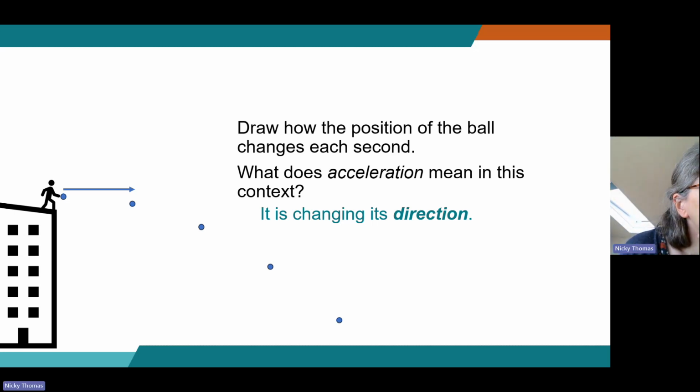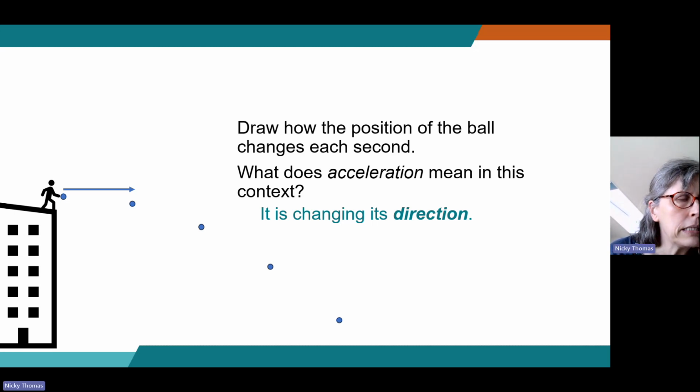So what you will see, you can always pause this video and get a ruler, is that the distance between each of those dots going sideways is the same. It's not changed. But going down, we've got an increase in how much distance the ball travels downwards each second, because it is accelerating downwards.